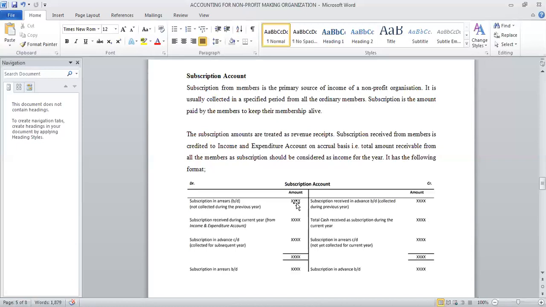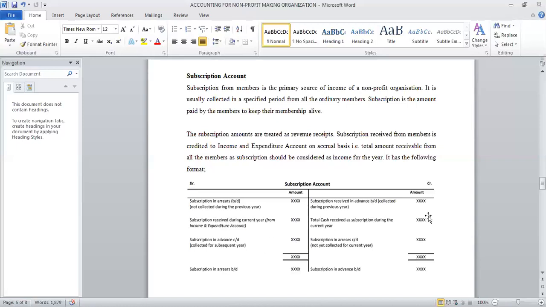Then you minus. This is for the subscription that was supposed to be paid last year, but it has been received this year. We minus because they are for last year. This one is actually the subscription that was received this year, but is for next year.